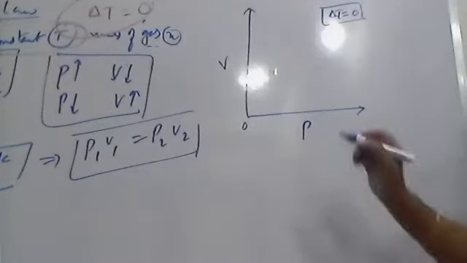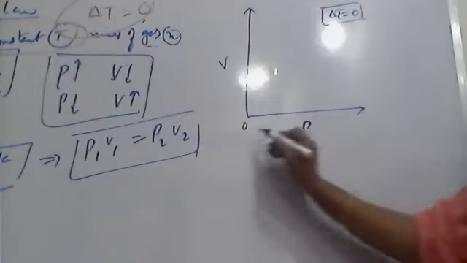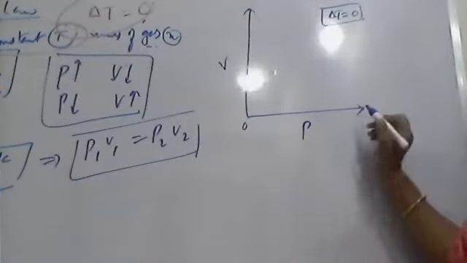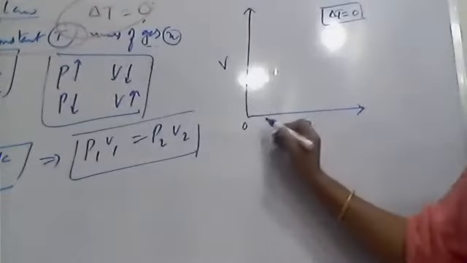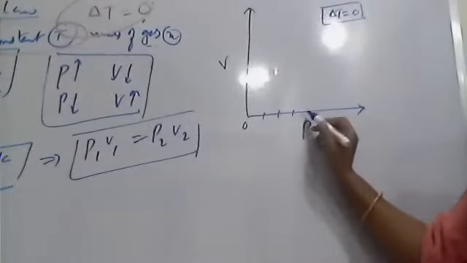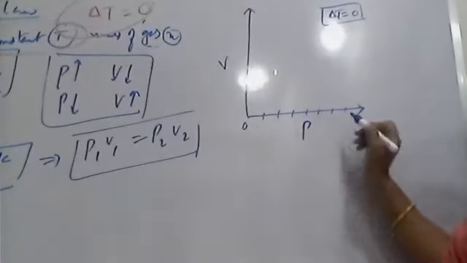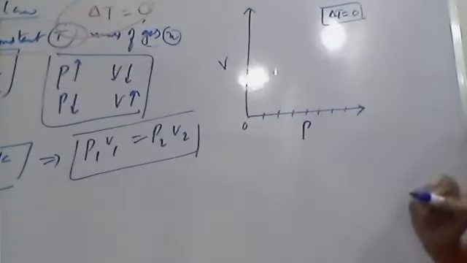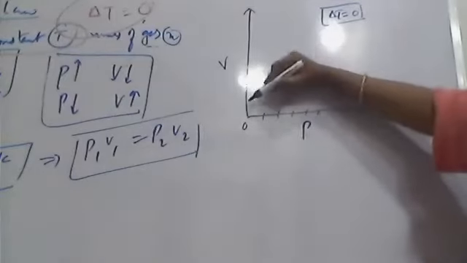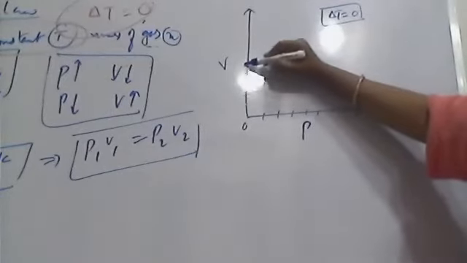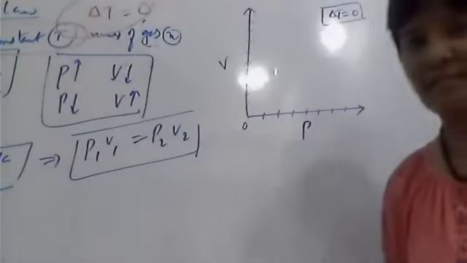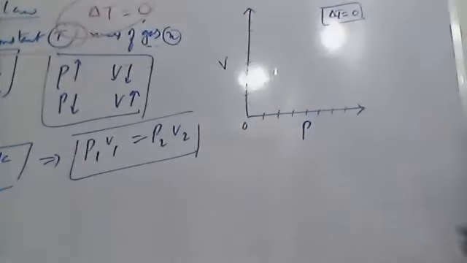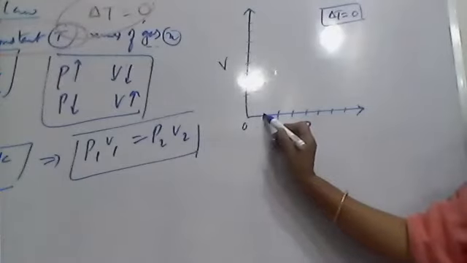Now, here from 0 in this direction indicates increase in pressure: 0, 1, 2, 3, 4, 5, 6, 7. Pressure is increasing. Then here it is volume: 1, 2, 3, 4, 5, 6, 7, 8, 9, like that going on. Volume is increasing. Now tell me what this point indicates, beta?